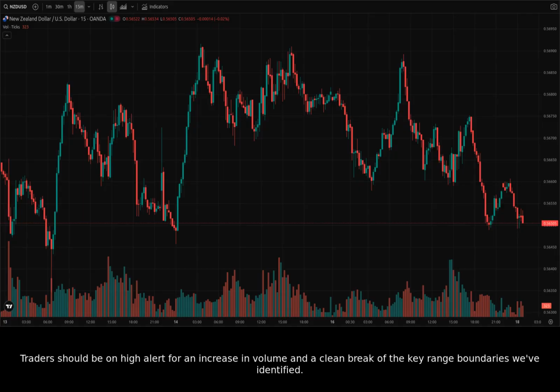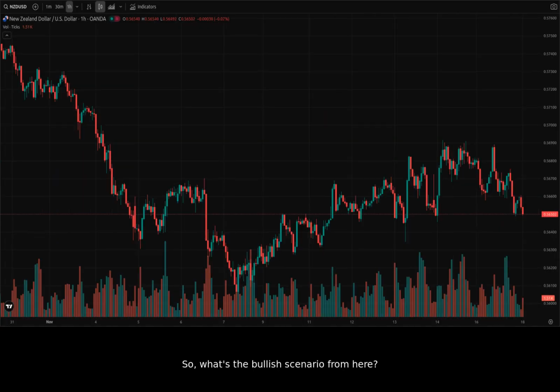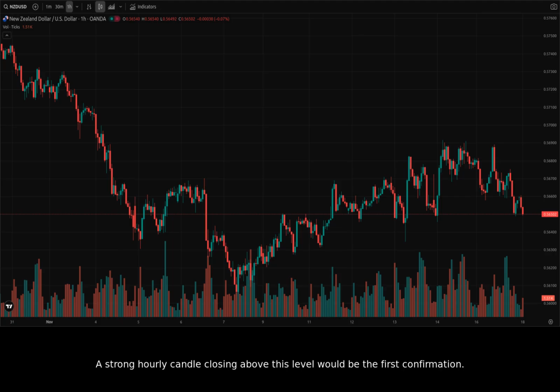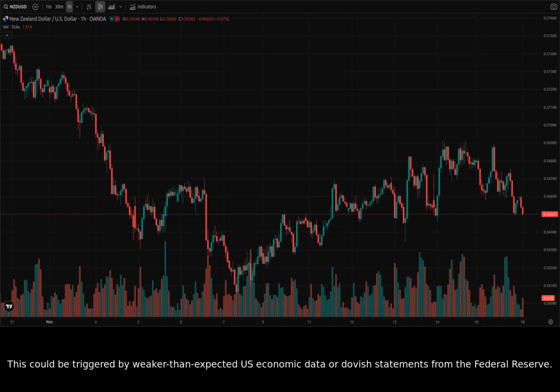So, what's the bullish scenario from here? For a bullish case to gain traction, we need to see a convincing break and hold above the 0.5691 resistance level on the hourly chart. A strong hourly candle closing above this level would be the first confirmation. This could be triggered by weaker than expected U.S. economic data or dovish statements from the Federal Reserve.